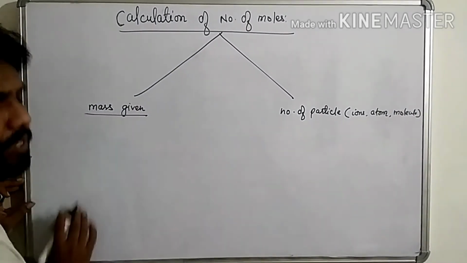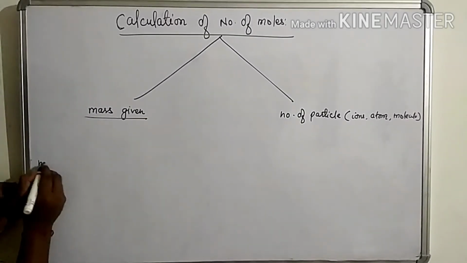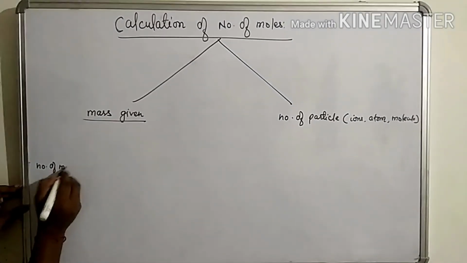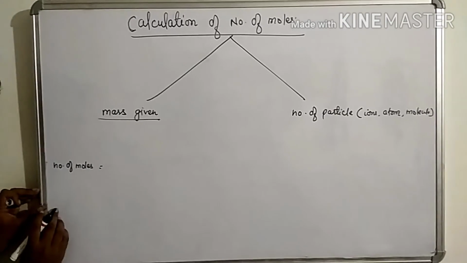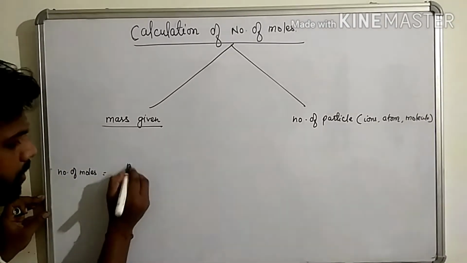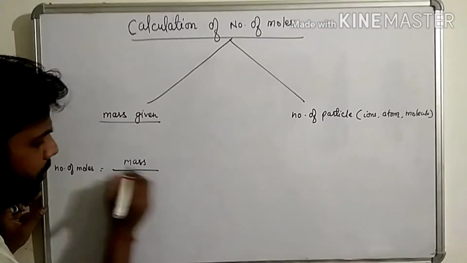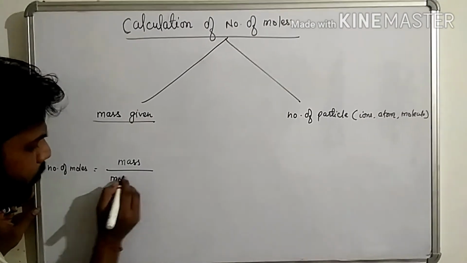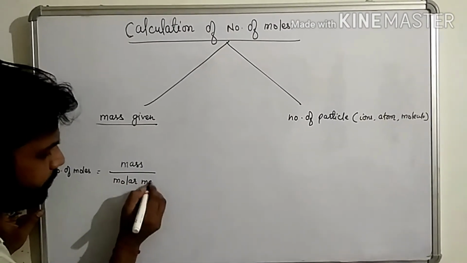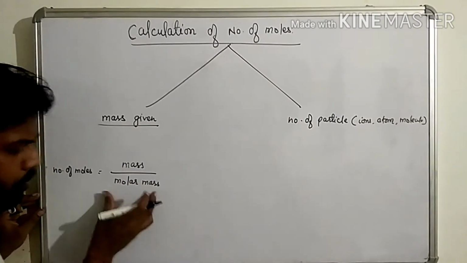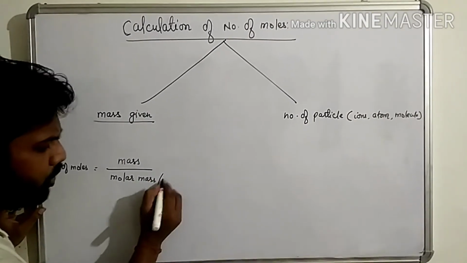If mass is given, children, then the number of moles we can calculate as mass upon molar mass. Molar mass, children, is the same as molecular mass.